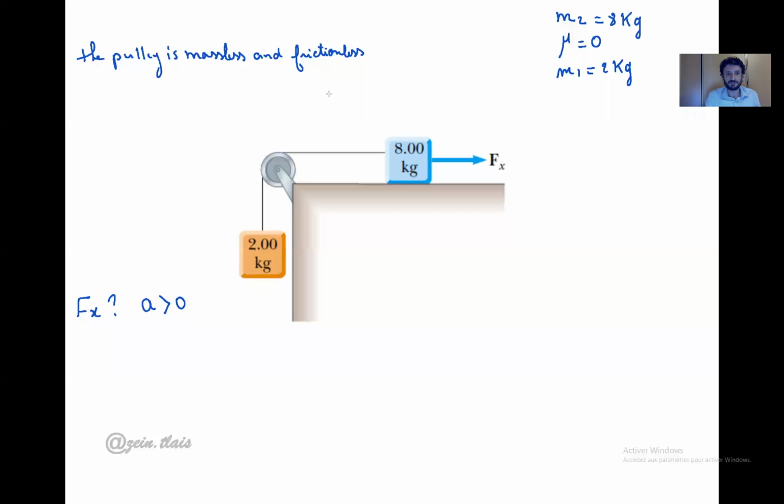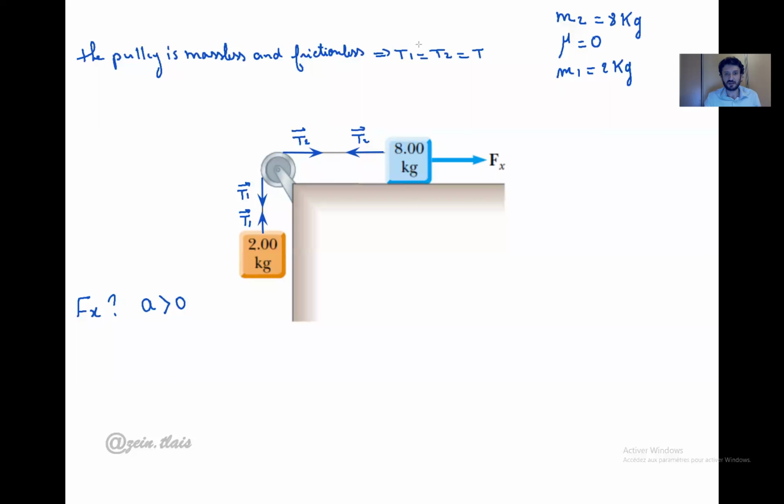We can say T1 equals T2, equals T. We have T to the left and to the right of the pulley. So we can say T1 equals T2 equals T.